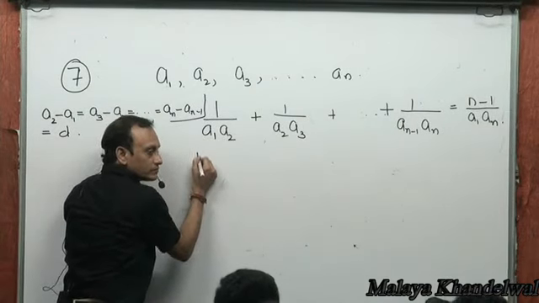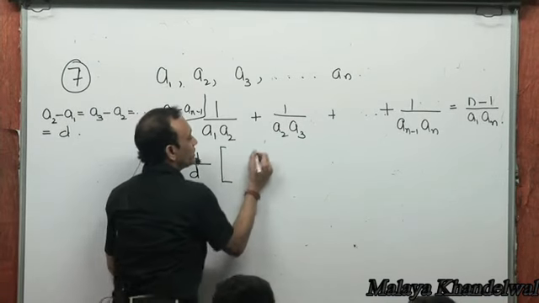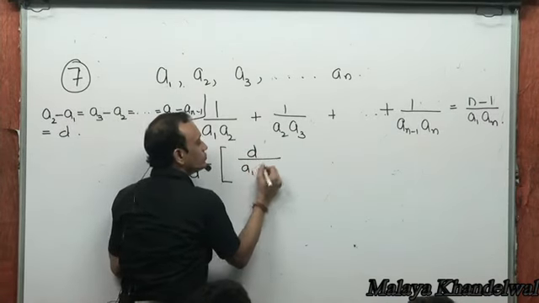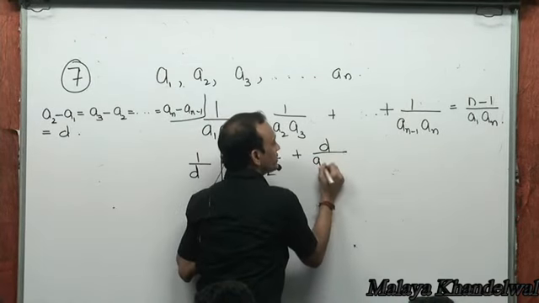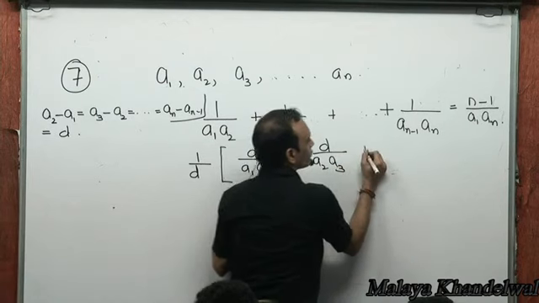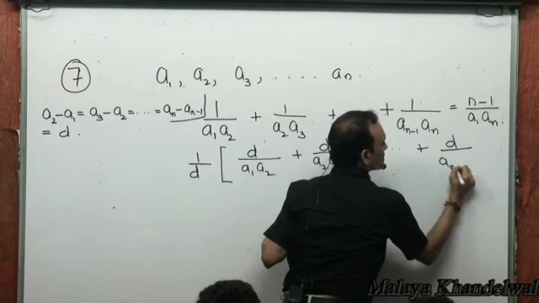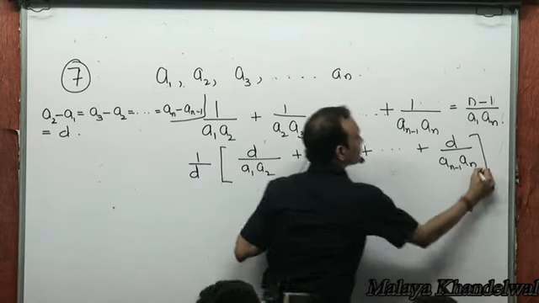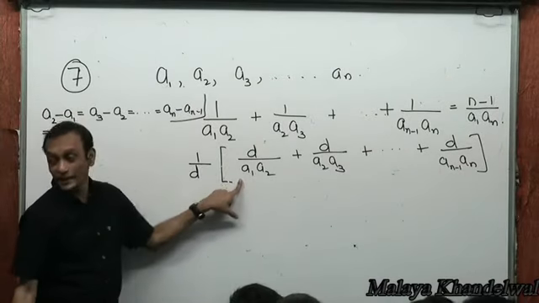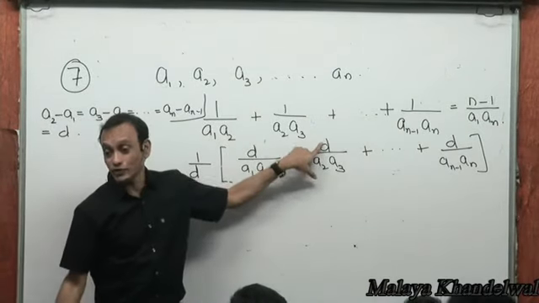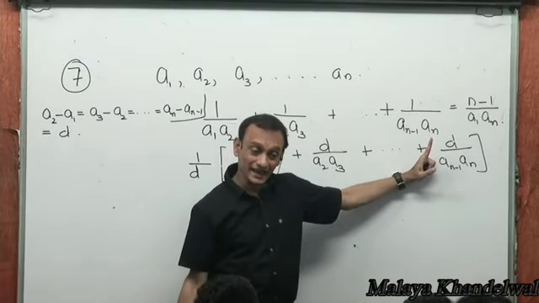Left hand side, 1 by D is going to be D by A1 A2 plus D by A2 A3 plus up to D by A(N minus 1) AN. This is what it stands for. Now this D I want to write as A2 minus A1. This D I want to write as A3 minus A2. This D I want to write as AN minus A(N minus 1).